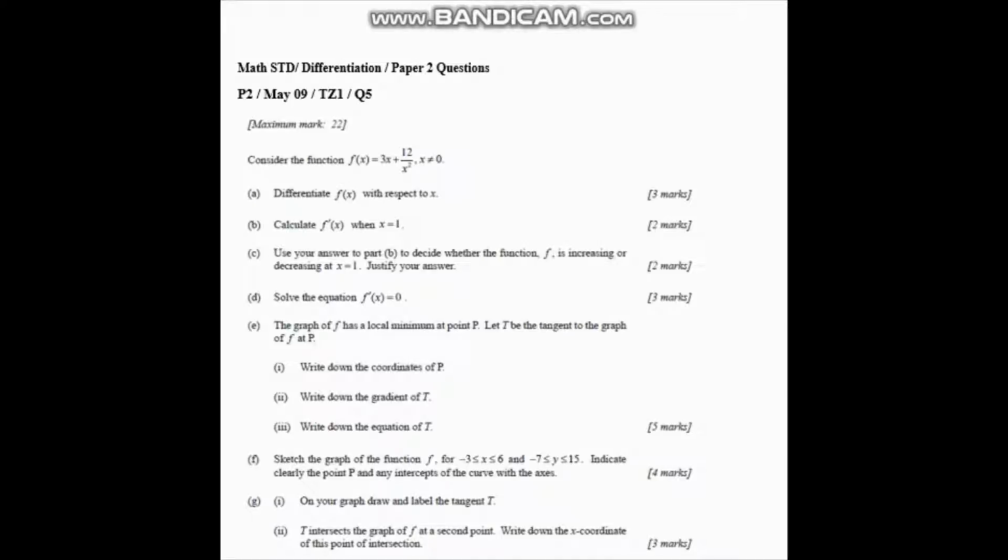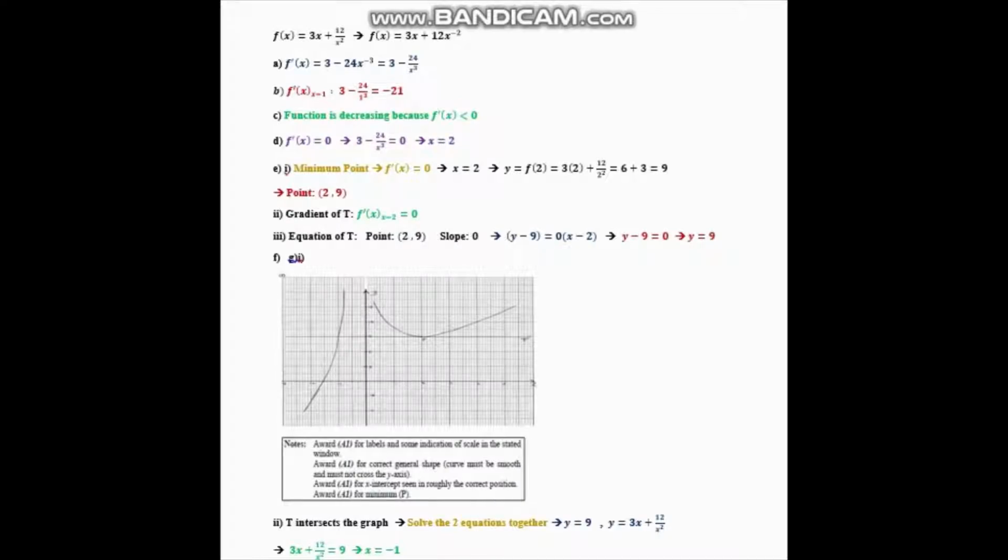In C, I am asked to decide whether the function is increasing or decreasing when x equals 1. This depends on the sign of the slope, and since we know from B that the slope is negative, hence the function is decreasing. Since this value is negative, hence the function is decreasing because the slope is negative.